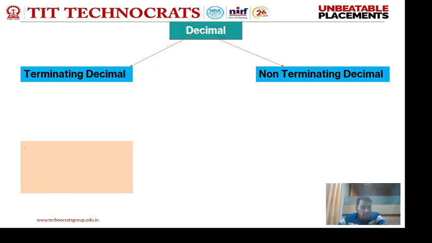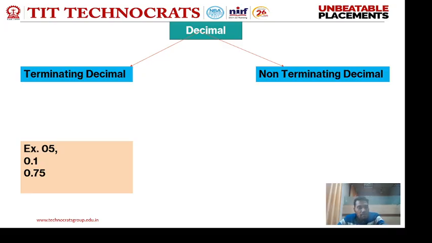Examples: 0.5, 0.1, 0.75. These are terminating decimals. Why? Because 0.5 is 5 divided by 10, so you can write 1 by 2. 0.1 is equal to 1 by 10.